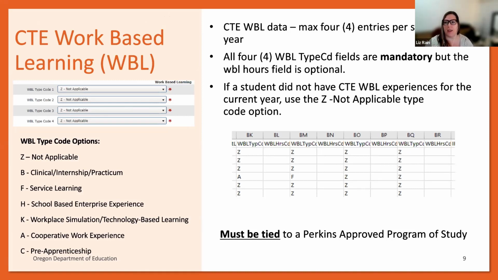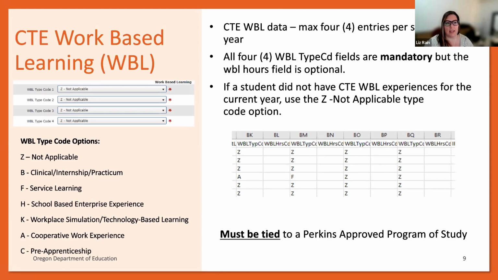So there are 4 entries per student per year. If they did not participate in work-based learning, you would fill all 4 of those fields with Z, which is non-applicable, but there are all kinds of other codes that are used, B, F, H, K, and they're all listed right there on the left, depending on what type of work-based learning the student did.